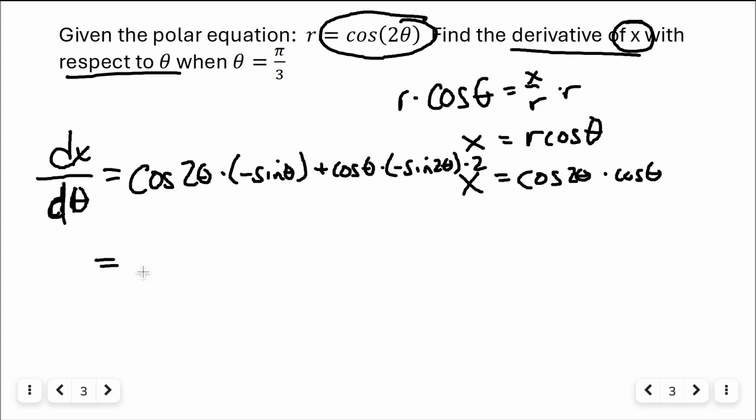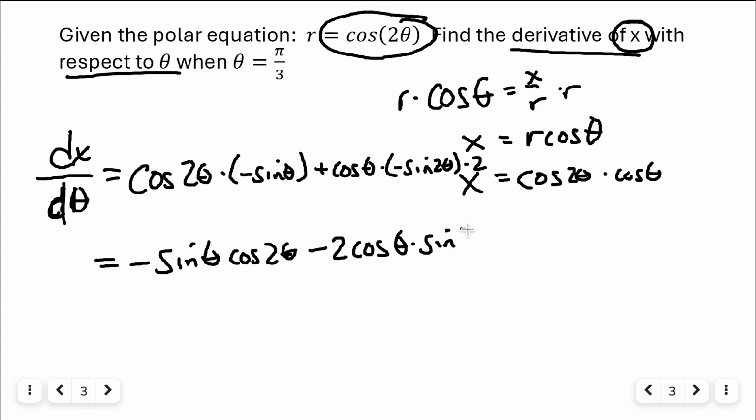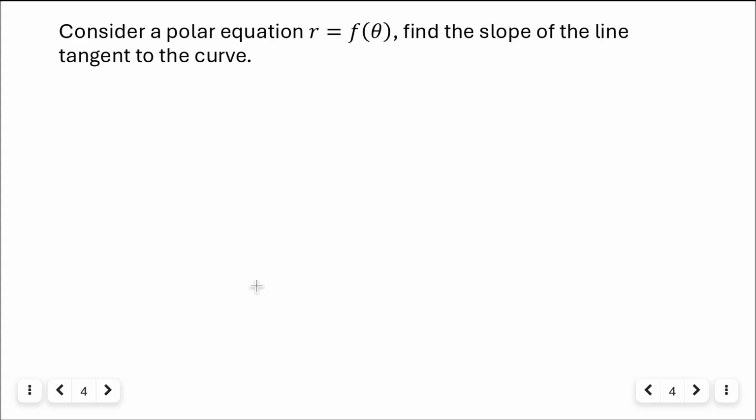I can clean this up and get negative sine theta cosine 2 theta minus 2 cosine theta times sine 2 theta. And that is the derivative of x with respect to theta. Again, you're going to start using your conversions, depending on what derivative I'm asking you for.